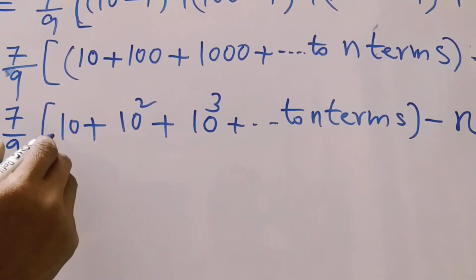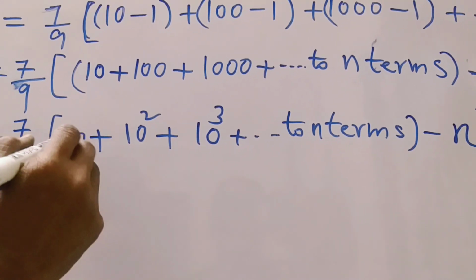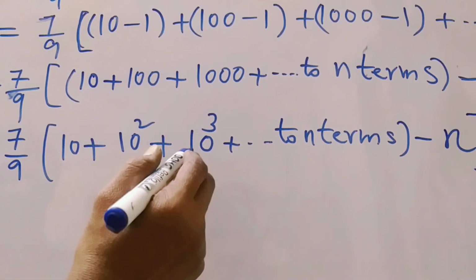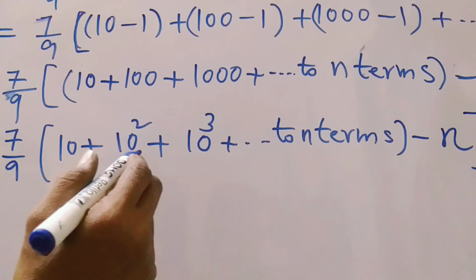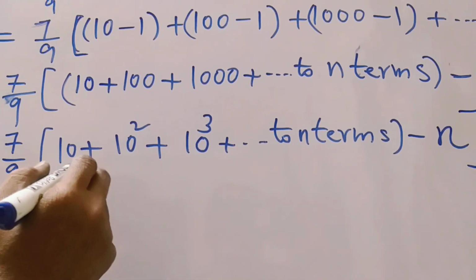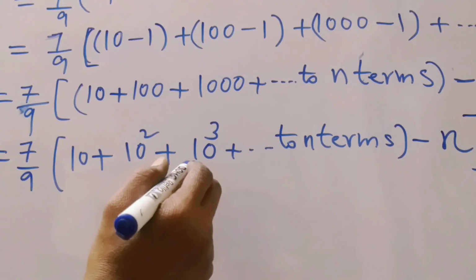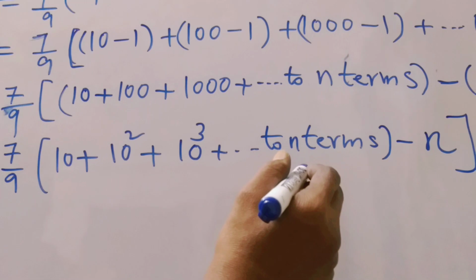It seems to be a geometric progression. The common ratio of all these terms is 10: 10 square by 10, 100 by 10, 1000 by 100 is equal to 10, and so on up to n terms.